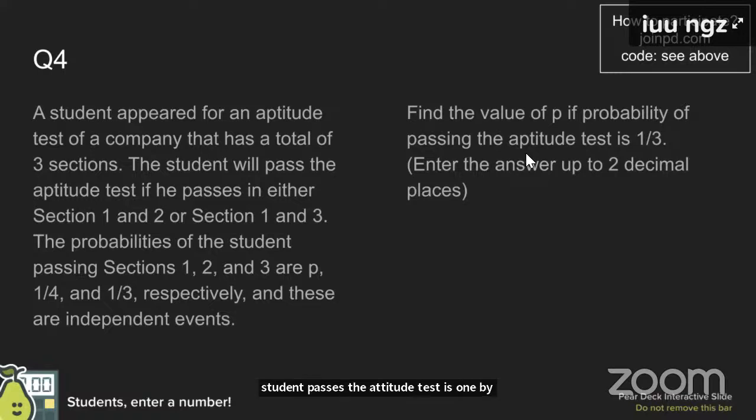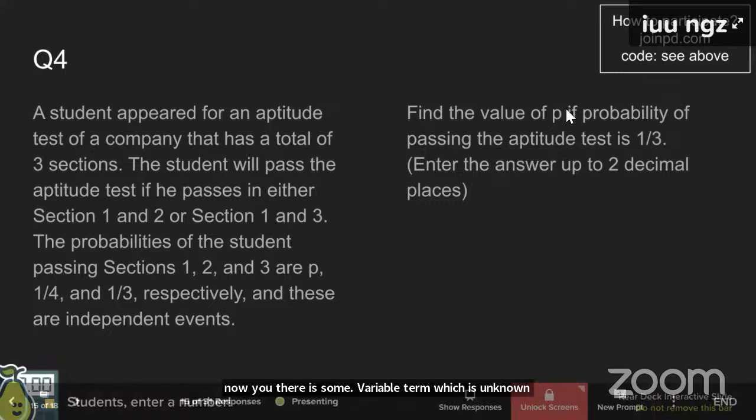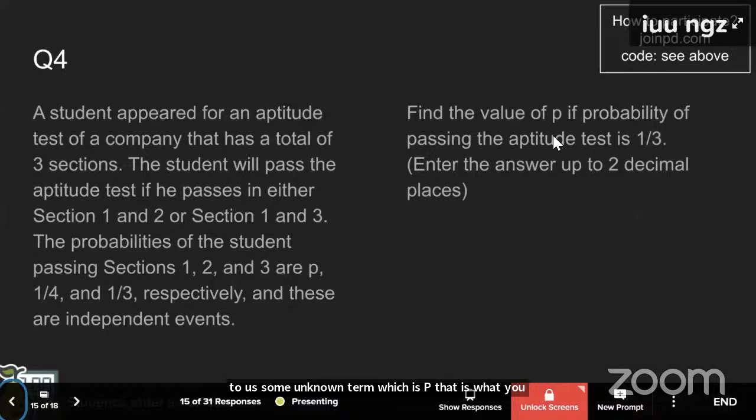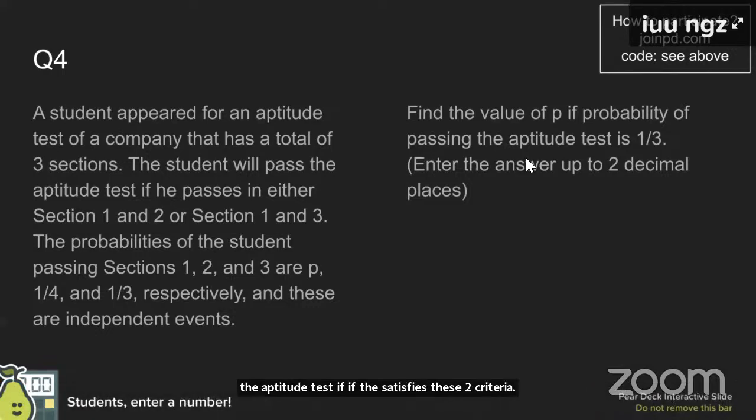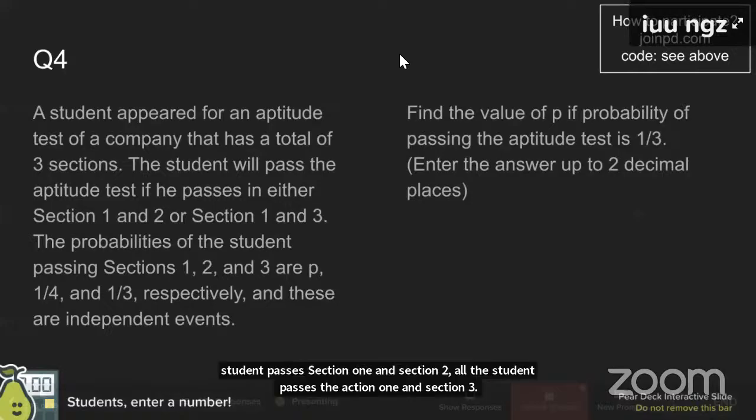But there is some unknown term which is P. That is what you have to find, and we know that any student passes the aptitude test if they satisfy these two criteria. Either the student passes section 1 and section 2, or the student passes section 1 and section 3. Maybe I will also write down this.